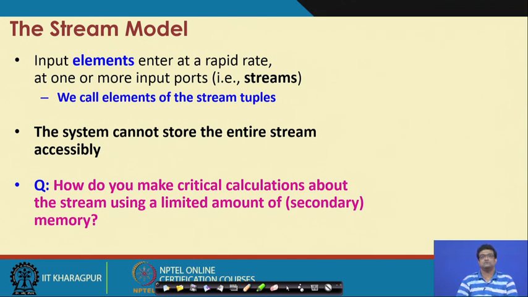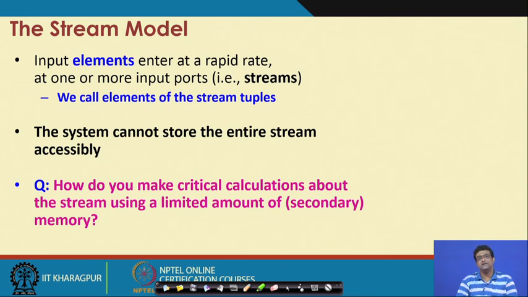These are sometimes called input records, input tuples, input data or input elements. The system cannot store this entire stream in an accessible manner. So the big question is how do you make critical calculations about this stream using a limited amount of memory. That is the main question asked in the stream processing model.